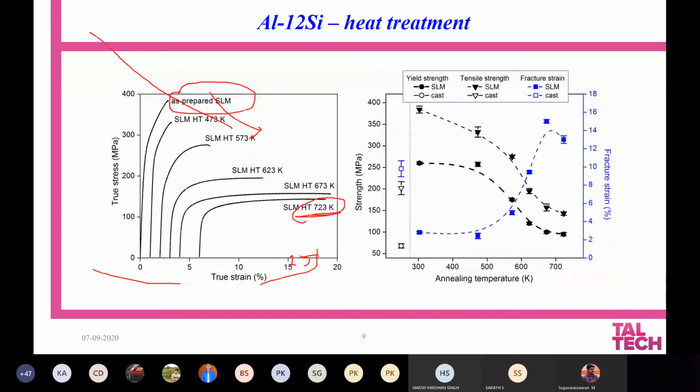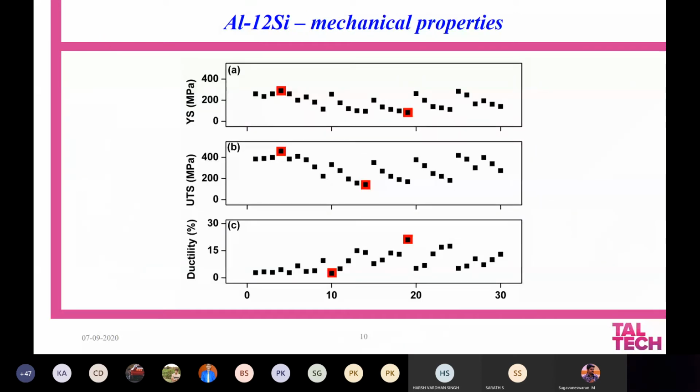But I want to highlight one more thing here: whenever you use metal additive manufacturing for manufacturing any component, there is a possibility that you can tune the mechanical properties of the material in situ in a whole different way.